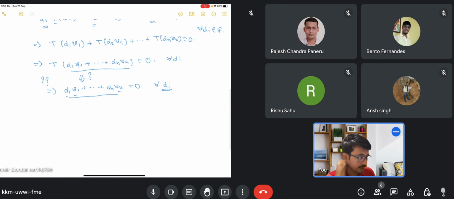In short, I can write the question as: T is a linear transformation from V to V. If T(x) equals 0, does it imply that x equals 0? This is my question. Does it imply? It does not always imply that.